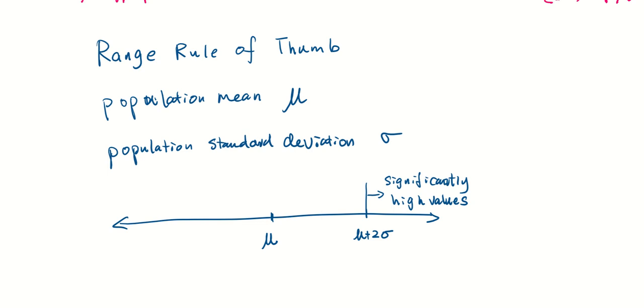Any value that is 2 standard deviations below the mean, mu minus 2 sigma, any values below that is considered significantly low values. And the values in between mu minus 2 sigma and mu plus 2 sigma are considered not significant.